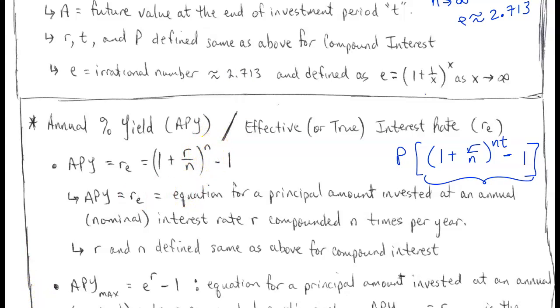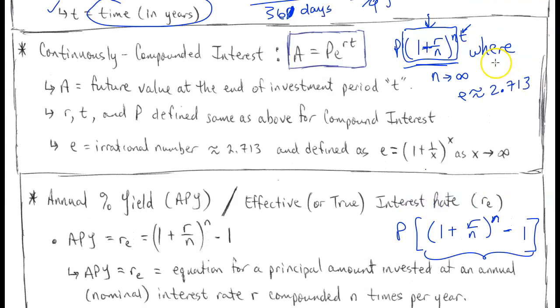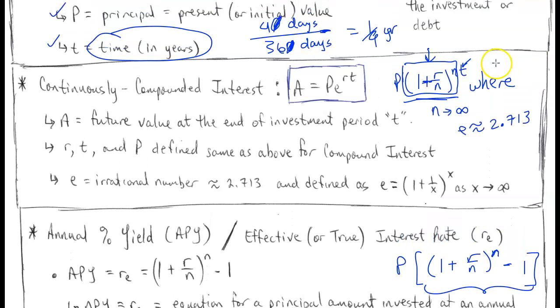Now, the only thing that is slightly different here is that I have this t, and I just did this on the cuff. We normally ignore time here, and that's mainly because if we go back to what we were talking about earlier, it's really this number, 1 plus r divided by n, all raised to the n.